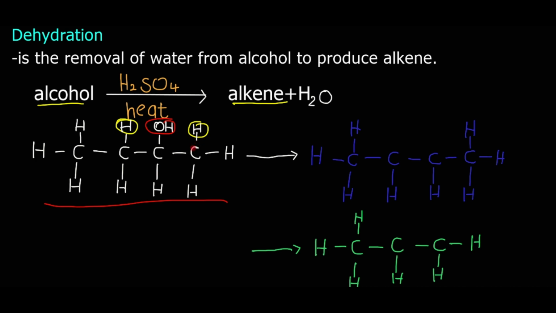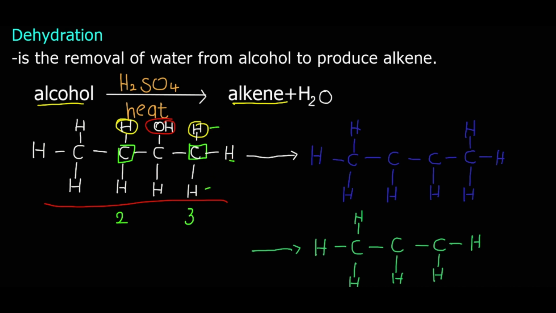We are going to look at the carbon that has fewer hydrogens, and then remove that hydrogen. This carbon has only 2 hydrogens, and this carbon has only 3 hydrogens. 1, 2, 3.